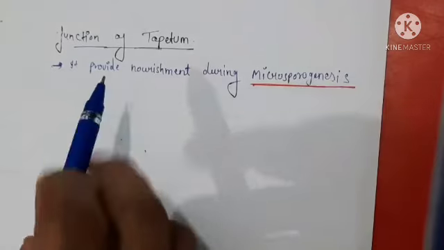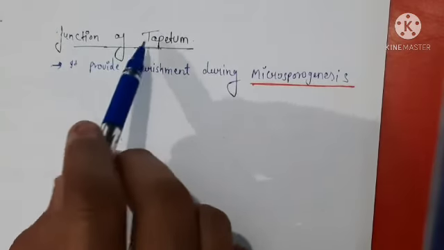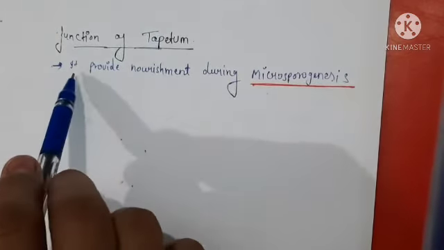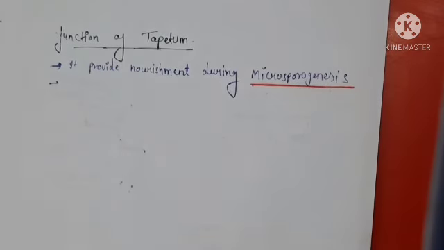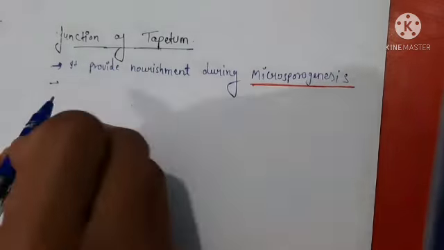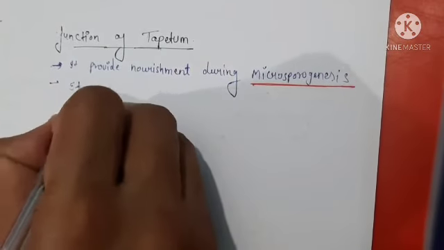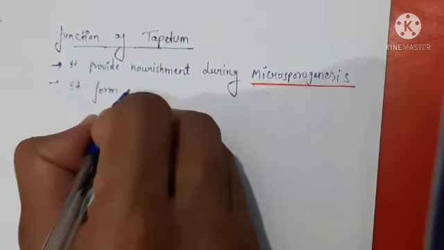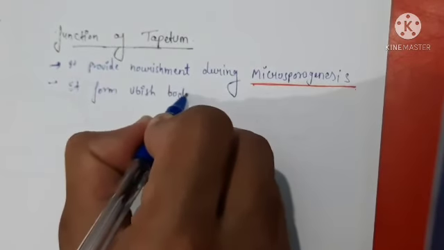So here we only know the function of tapetum. So first point, it provides nourishment. Second point, it forms Ubisch bodies.